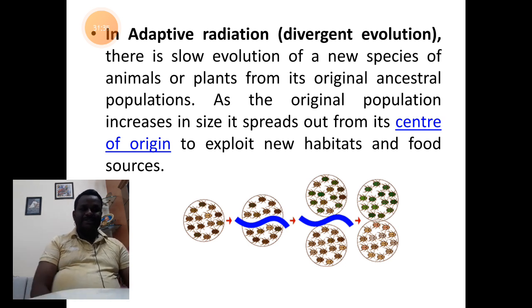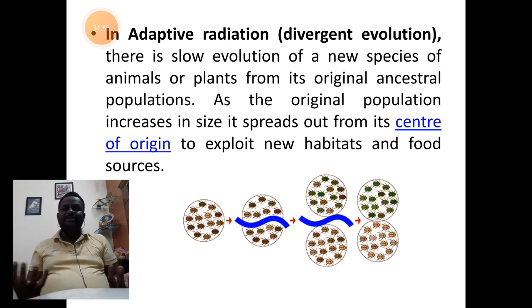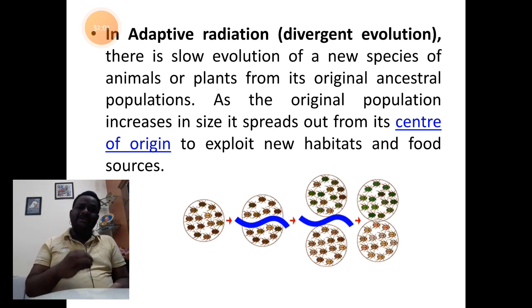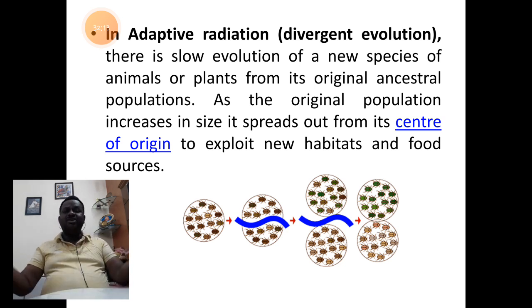During the evolution process, the geographic changes like change in the temperature, change in the rainfall, change in the environmental factors bring in these adaptive radiations in the organisms. The adaptive radiation leads to the type of evolution called divergent evolution.